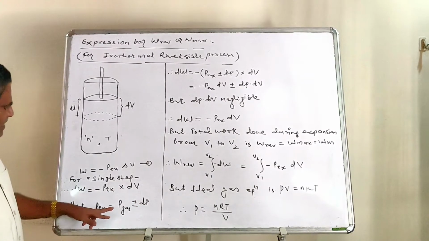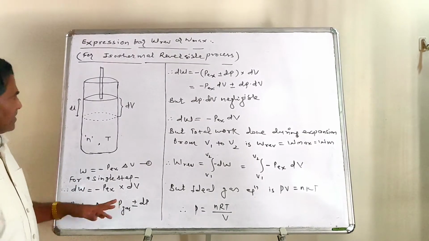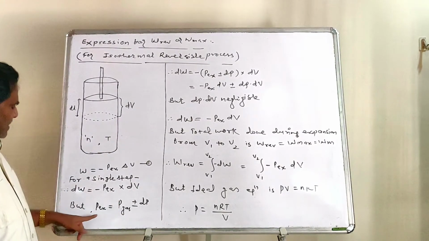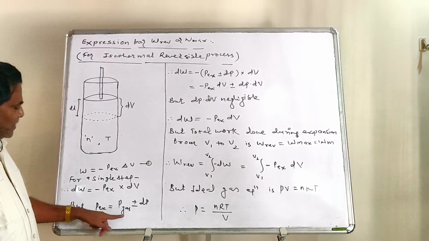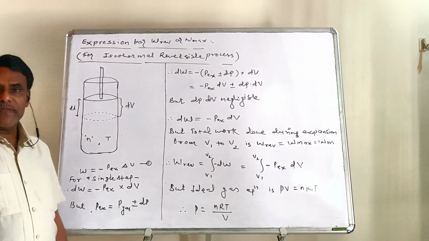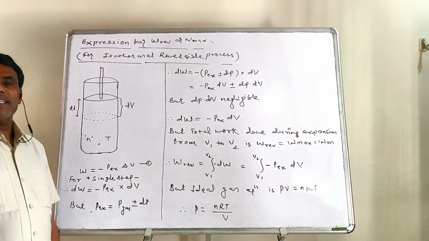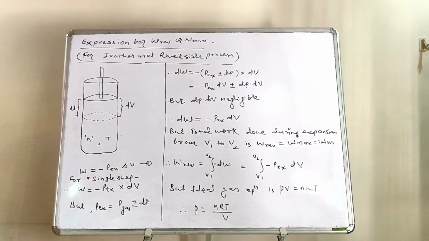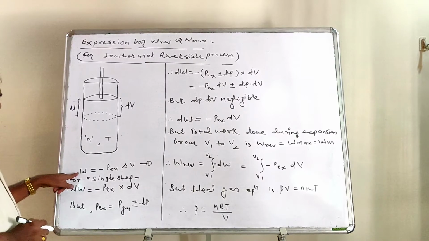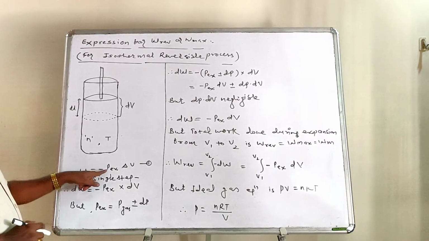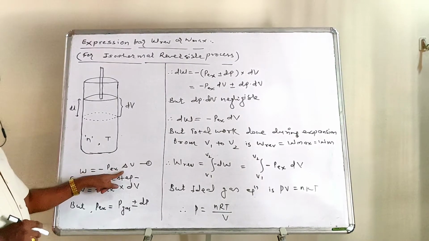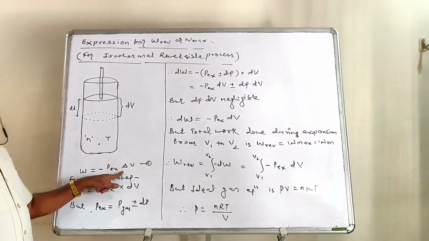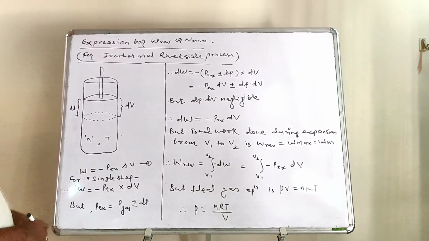And external pressure and pressure of gas are related for reversible process by this expression: P external equals P gas plus minus dP. dP stands for infinitesimally small amount of pressure. Okay. Now we know expression for work done W is equal to minus P external into delta V. Delta V is change in volume by large value.